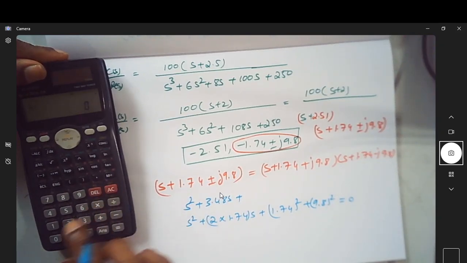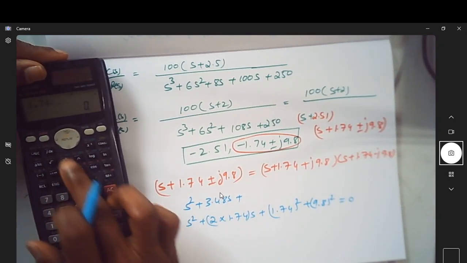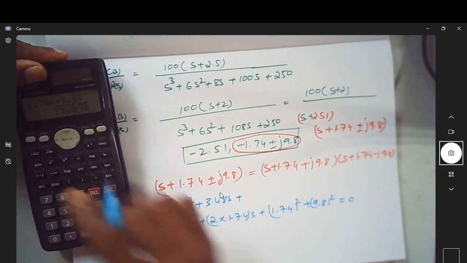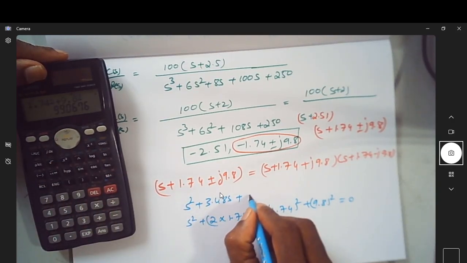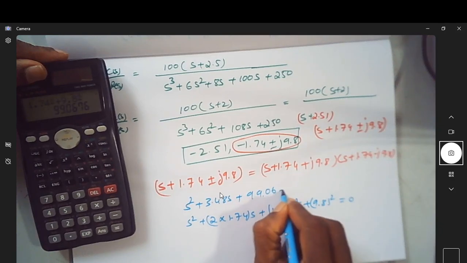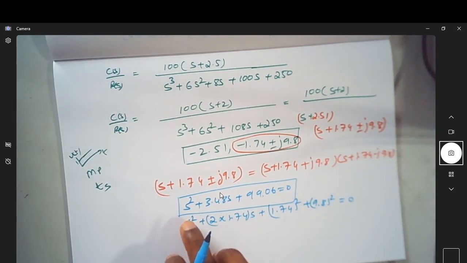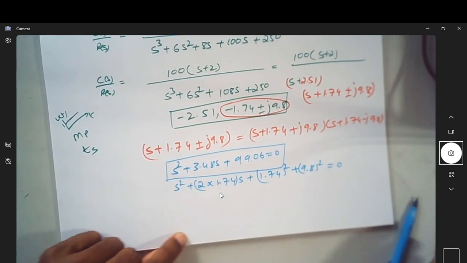Now 1.74 square plus 9.8 square is 99.06, equal to 0. This is my dominant poles equation.